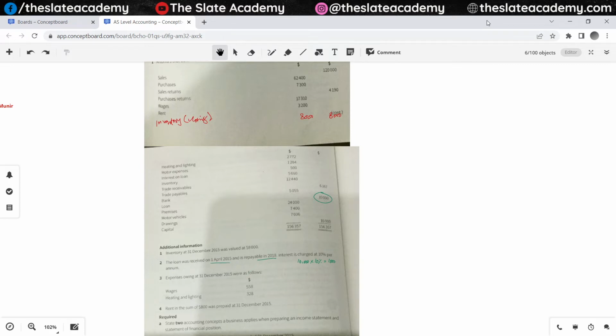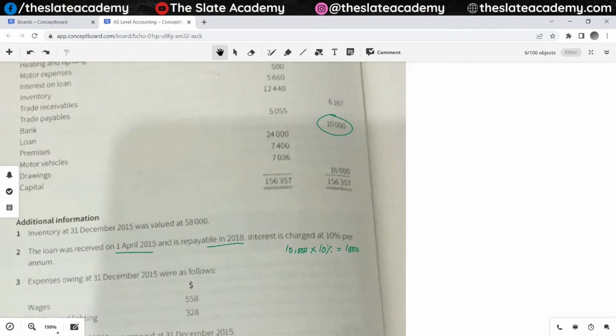So the interest would apply from the date when I took the loan. It couldn't be that I take the loan on some date during the year and the interest starts applying from the start of the year, right? So the interest expense would start from 1 April. From 1 April until 31st December, I've got 9 months. So this 1,000, I have to multiply by 9 by 12. That would mean 3 by 4. How much is that? 750?